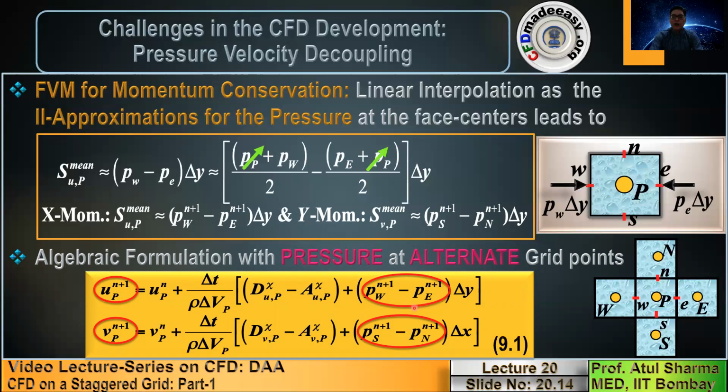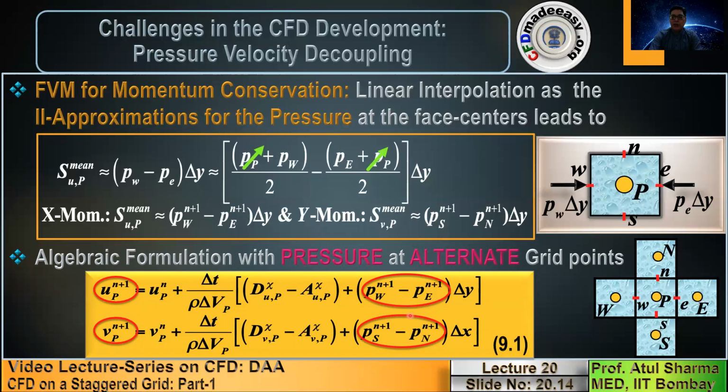To give a reason for this unphysical solution, they came up with the idea that this second approximation is causing the problem. When you have pressure and normal velocities at alternate grid points, it turned out that the data you obtain after solving this algebraic equation indeed obeys the equation, but it is unphysical in nature.